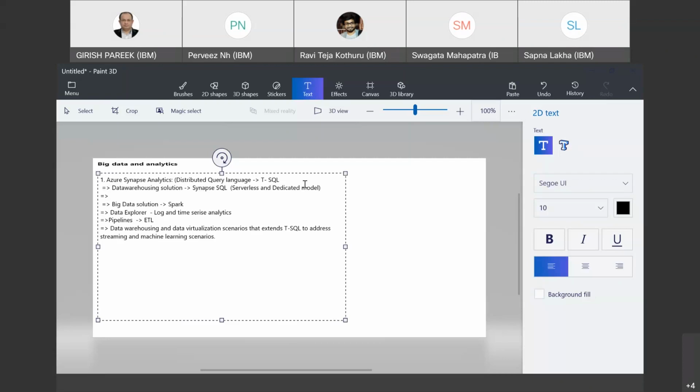So all around data, whether you are processing the data in the form of ETL, machine learning, databases, or data warehousing, whether in a simple form or in a complex big data form, it helps you to deal with all different types of things.